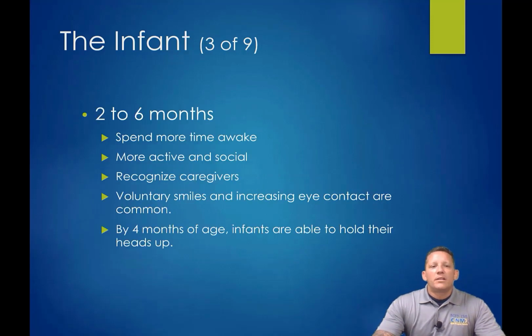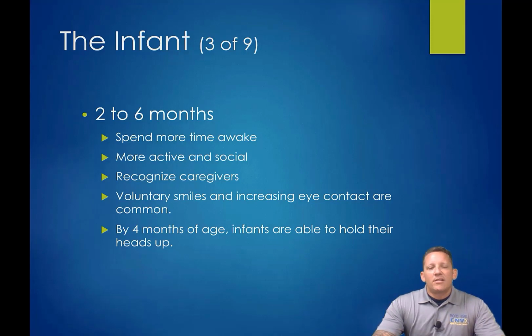As we get a little longer into infancy, at 2 to 6 months, they're spending a little more time awake. They still don't have great visual perception yet, and they're a little more active and social. They're starting to easily cue into mom or dad's voice, and although they haven't grasped their sense of self or that they should be intimidated by strangers, they're starting to pair bond with the parents.